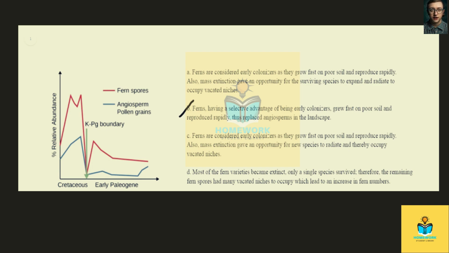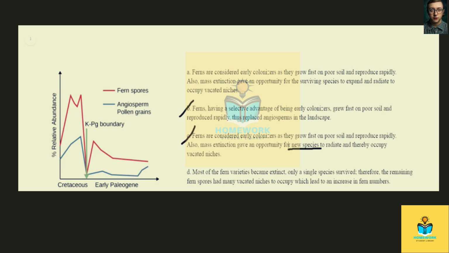So this specific part of C that says new species to radiate, it's not necessarily that there's new species to radiate, but the fact that you have these mostly depleted species that were able to then gain traction in a new environment. For that reason, C is not a viable option.